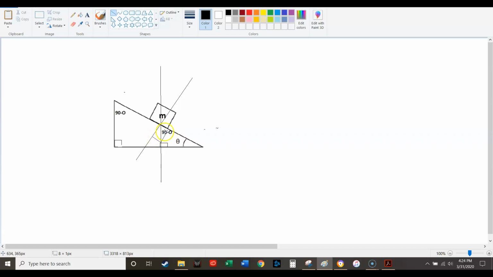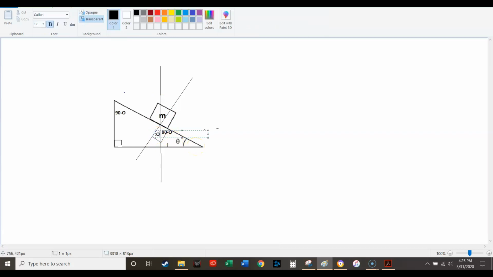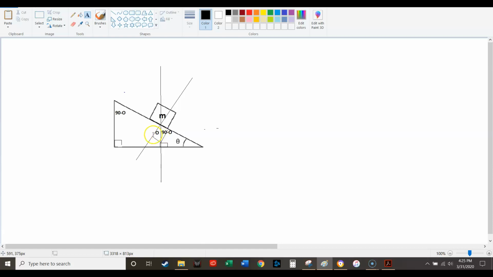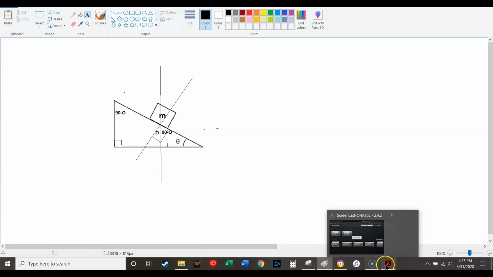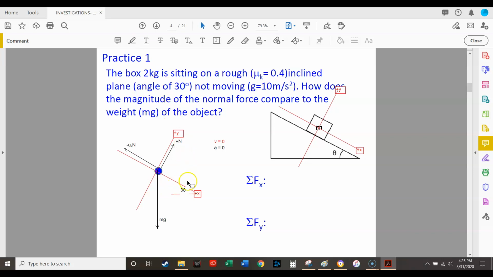So if this is 90 minus theta and this whole area is 90 degrees, then this is theta right here. That means this small angle between the perpendicular to the surface and this vertical line is theta. And that is our mg vector. So going back to our problem, now we can see that that 30 degrees right here, I'm going to copy that, paste that here, is also our 30 degrees.